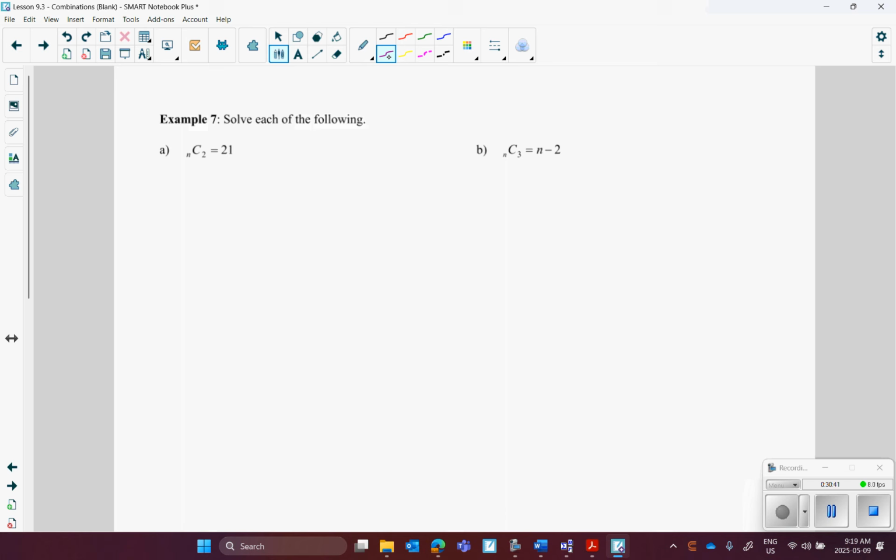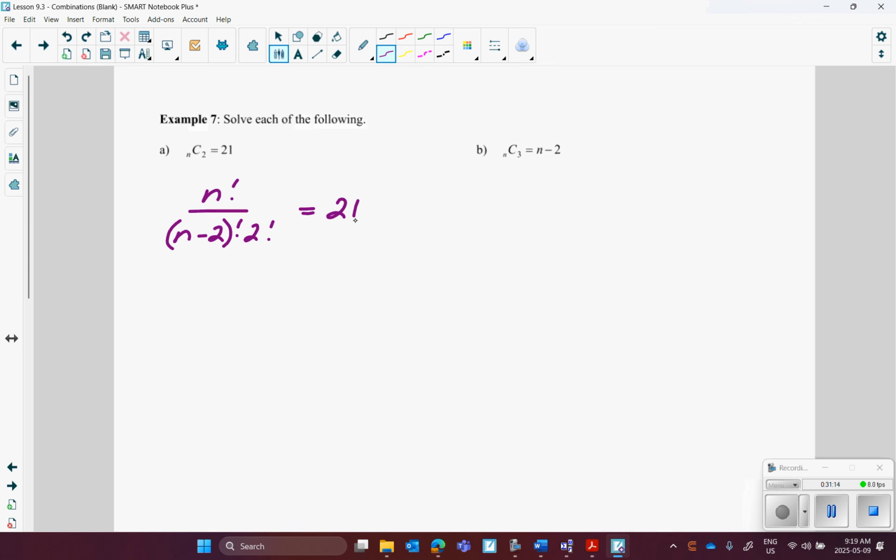So according to the formula, nC2 is n factorial over n minus r factorial, and r is 2 in this case, times r factorial, which is 2, equals 21. And now we have to use algebra to solve.